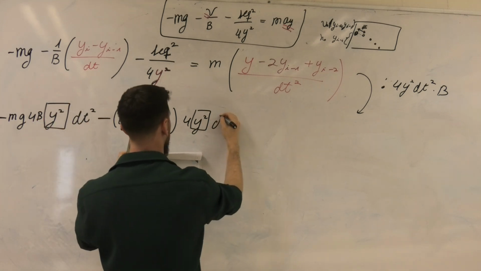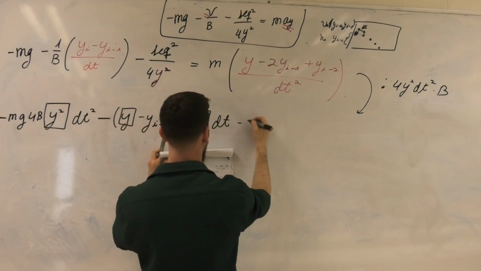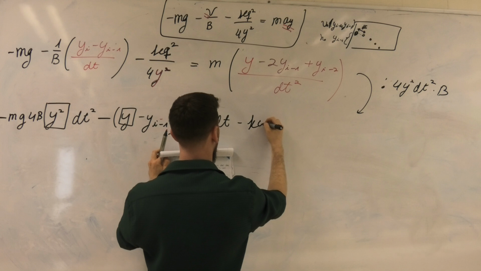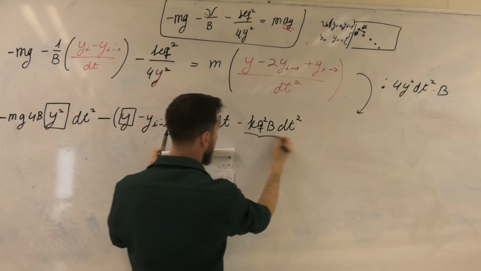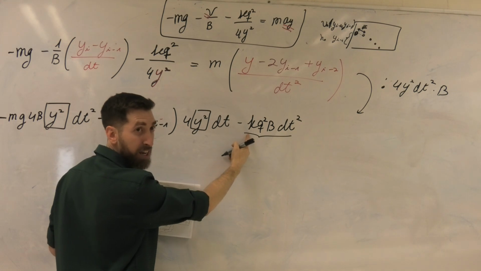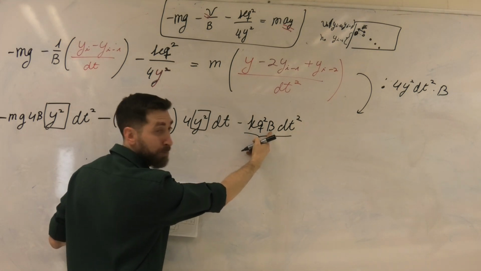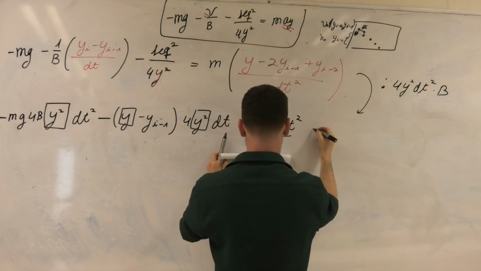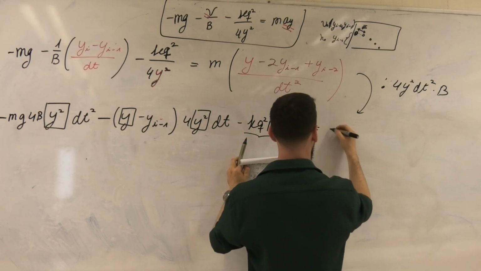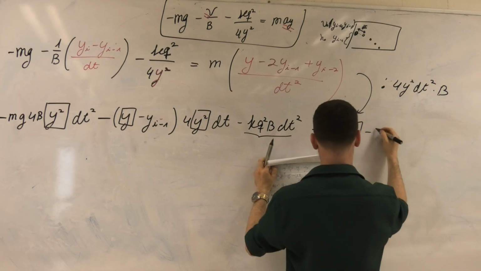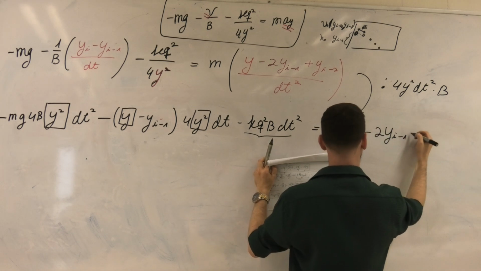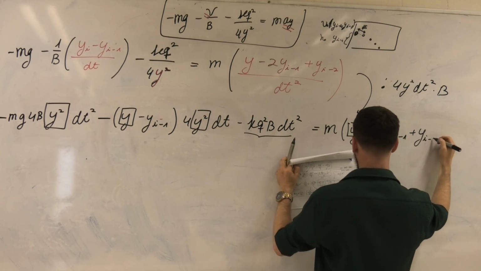I want to find y. Minus k q squared b dt squared. Remember, this is a constant. We know k, we know q, we know the mechanical mobility, we know dt squared, equal to the mass m times y, the one I want to find, minus 2y_(i-1) plus y_(i-2).